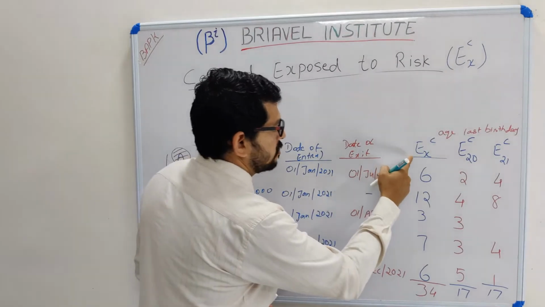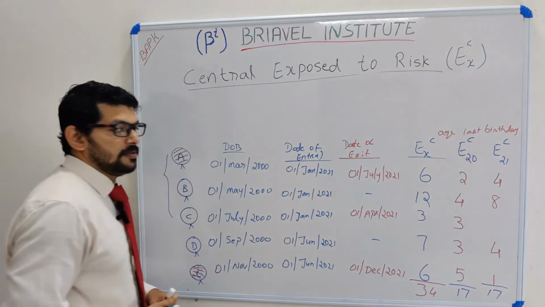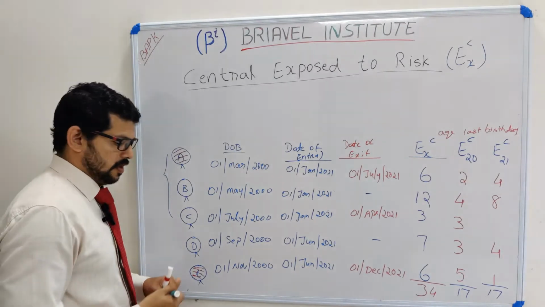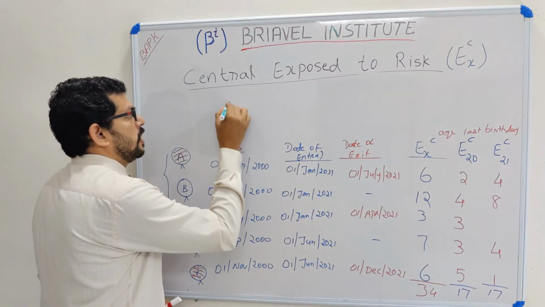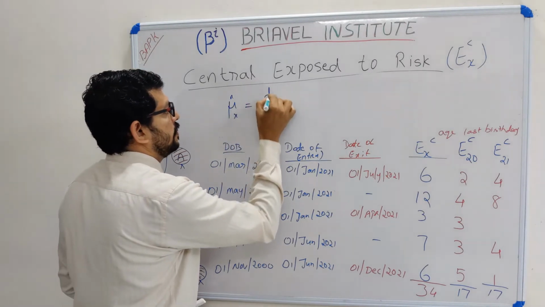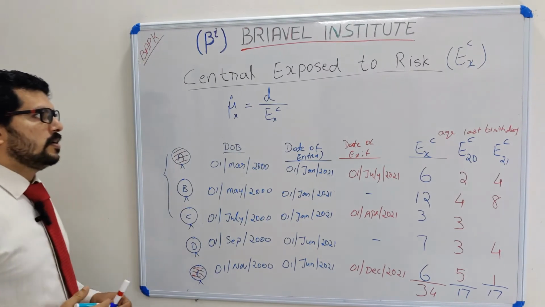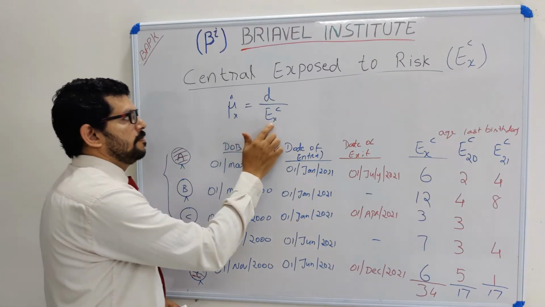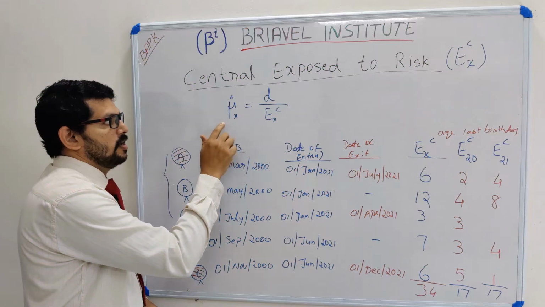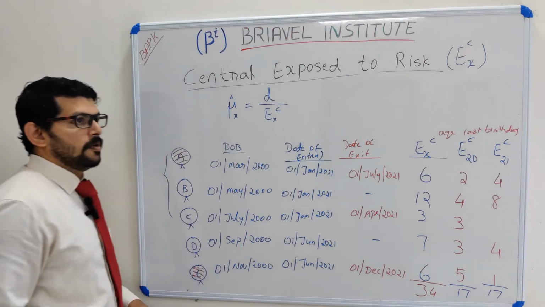This central exposed risk E of x superscript c is used in the Poisson model to estimate the force of mortality. So the force of mortality, we can write mu x is equal to d divided by E of x superscript c. This formula comes from maximum likelihood estimation of mu x.